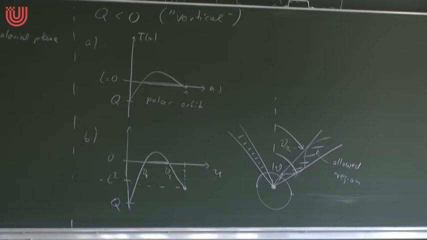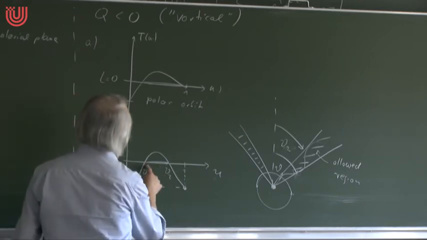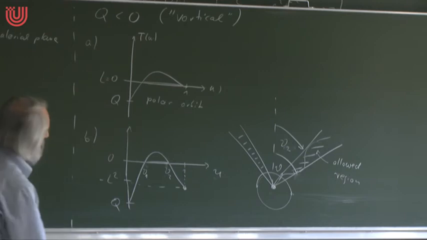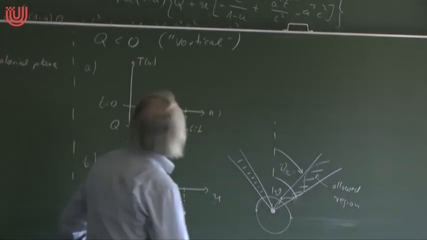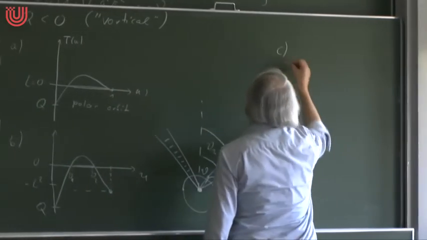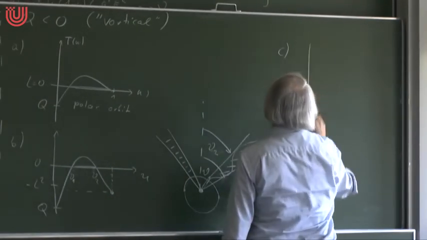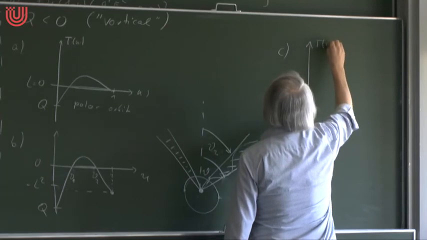There's also a special case where the two zeros coincide. Then there's just one point which is allowed. It's a special case of B, but it's so important that I consider it separately.